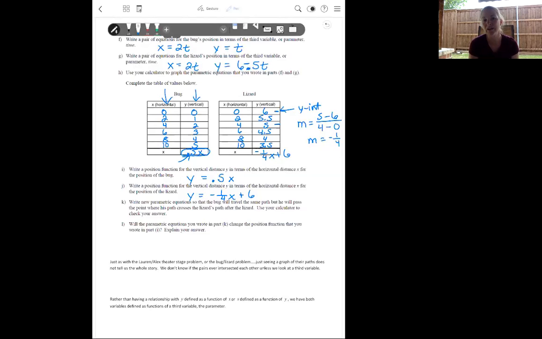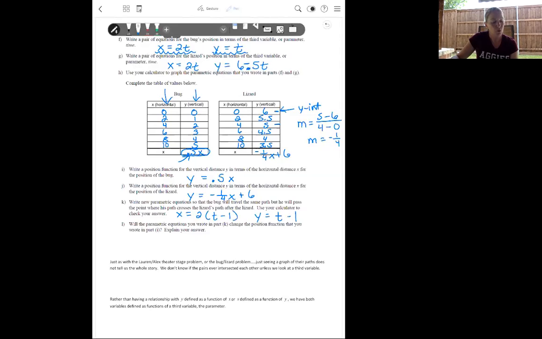So if I'm going to slow him down, I need to take time away from the bug. So instead of the x equation being x equals 2t, let's take 1 second away from time. So 2 times t minus 1. The y equation, well, instead of y equals t, how much time did I take away? I took away 1 second. So instead of y equals t, it's going to be y equals t minus 1.